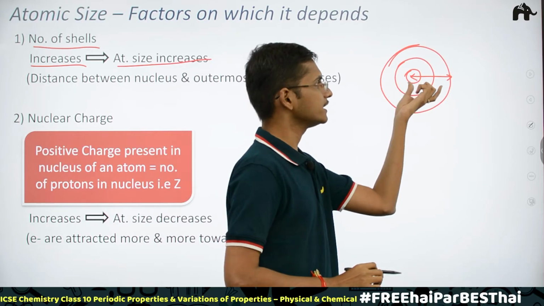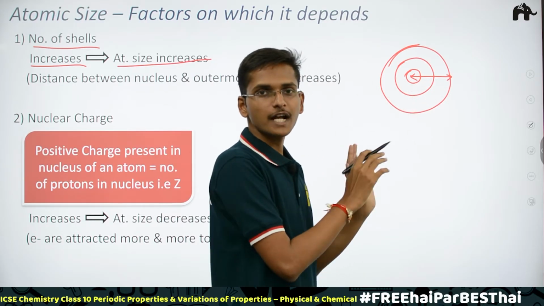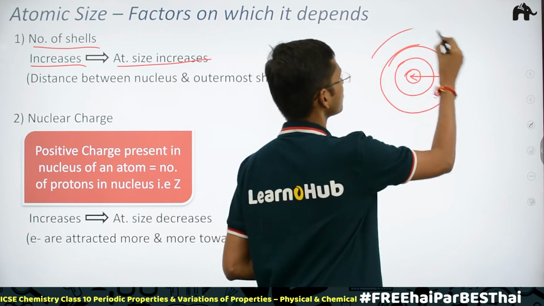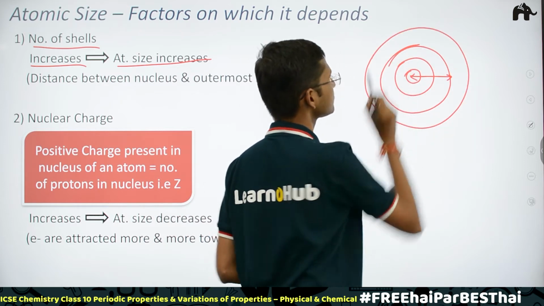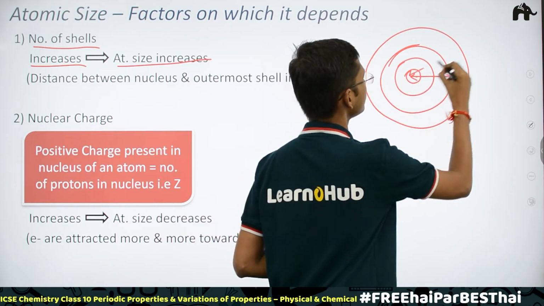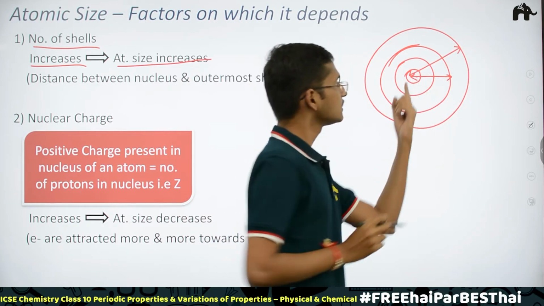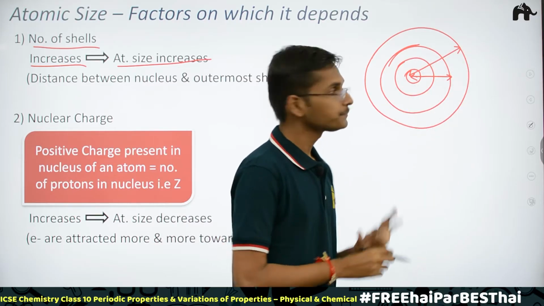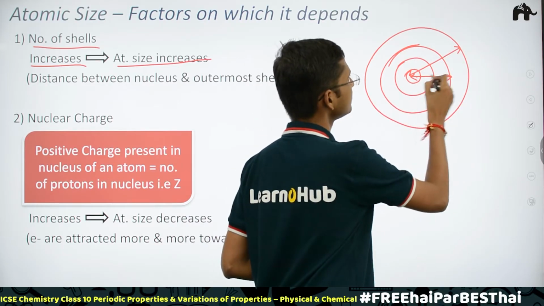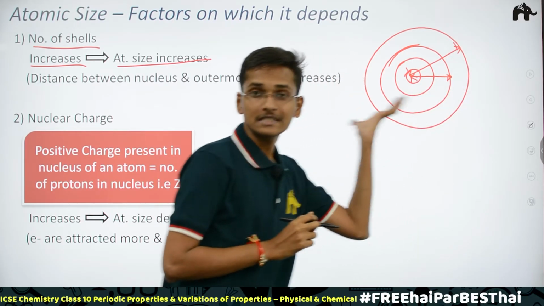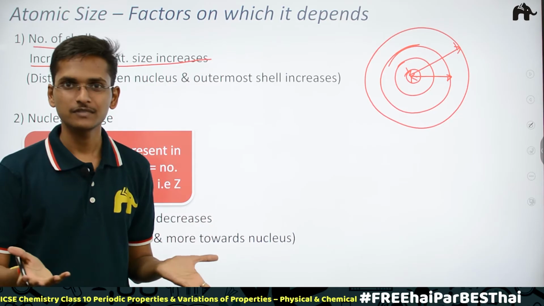But when I add one more shell, increasing the number of shells, the atomic radius is now the distance from the center of the nucleus to the new outermost shell. You can clearly see that the earlier distance is smaller than this distance. So atomic size increased.